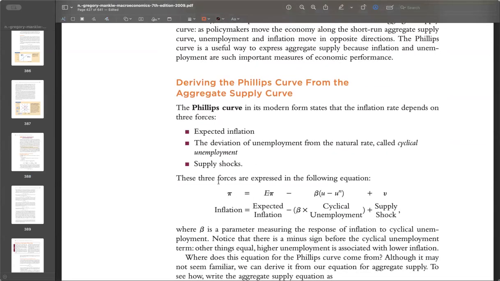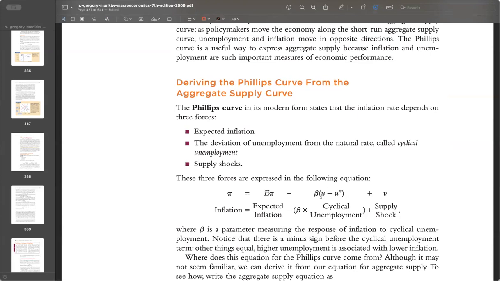Here's inflation, which is the dependent variable. And it's a function of three things: expected inflation. Notice that this has the same role as expected price level, price versus expected price level.